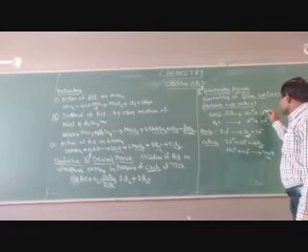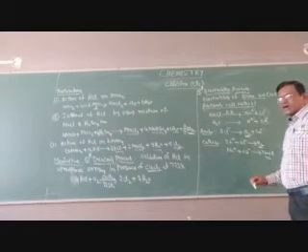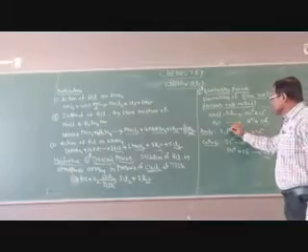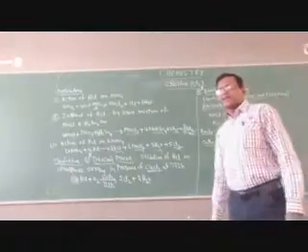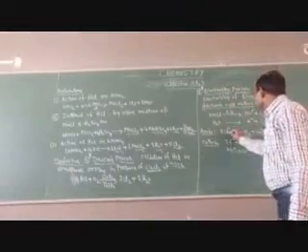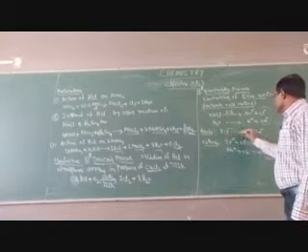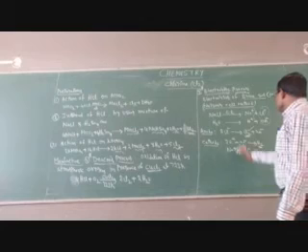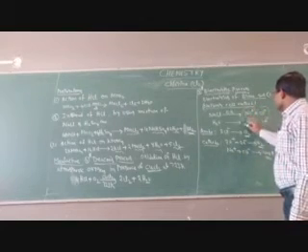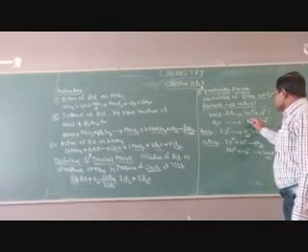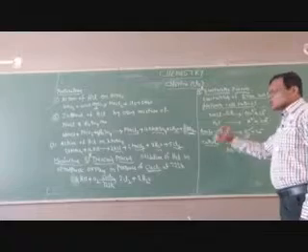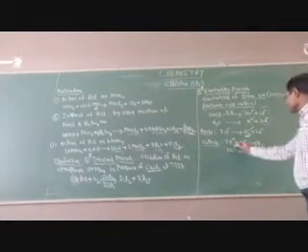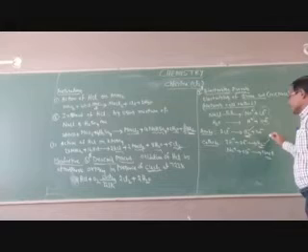As per the electrochemical series, as per electrode potential values, chloride ions are readily oxidized. So oxidation of chloride ion liberates chlorine gas. Of the cations, Na plus and H plus, the H plus ion is preferentially reduced, liberating hydrogen gas.